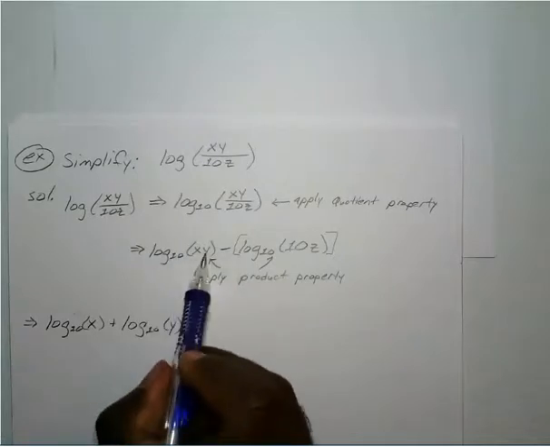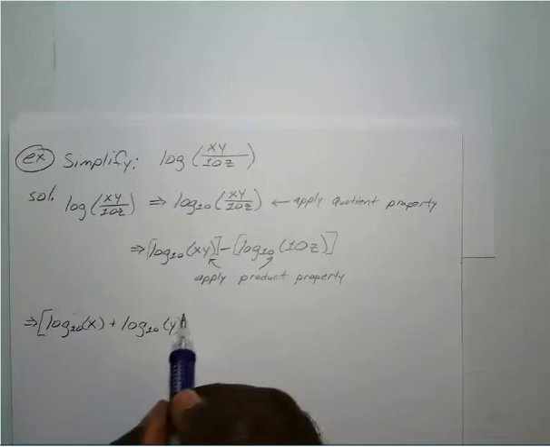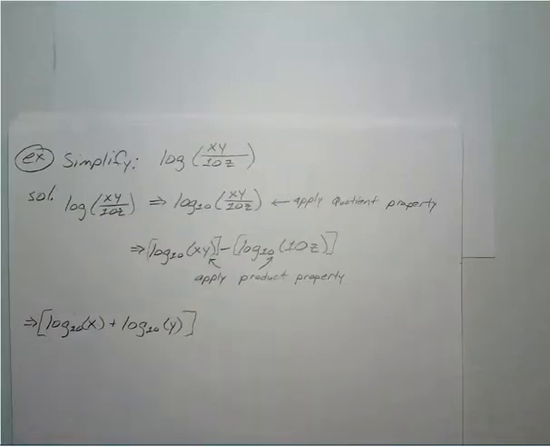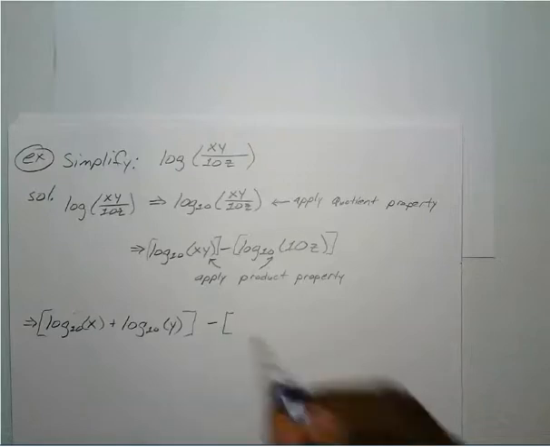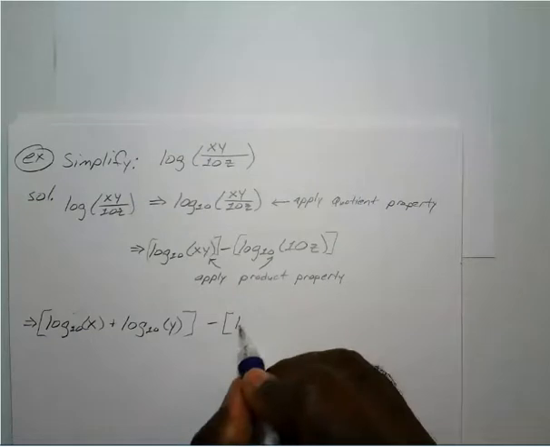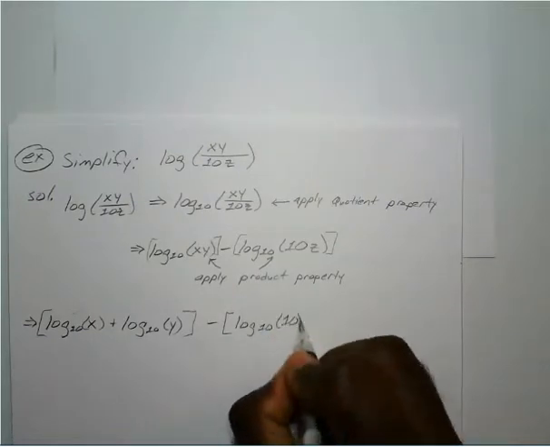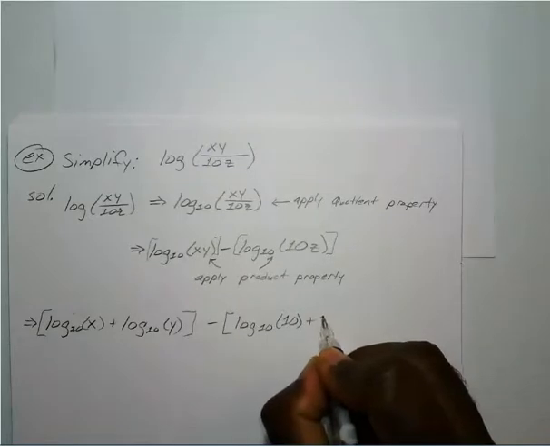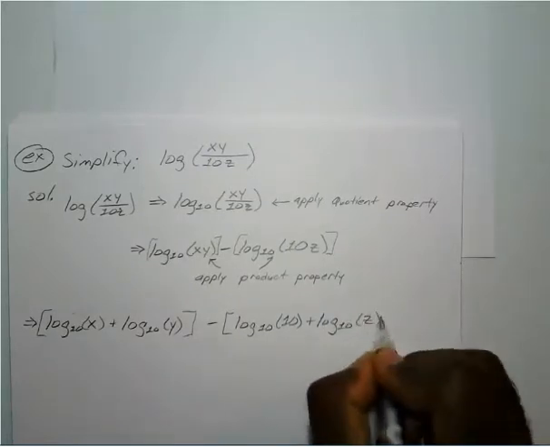This one term simplified to those two terms. Then that's minus, and this is why I point this out. This becomes log base 10 of 10 plus log base 10 of z.